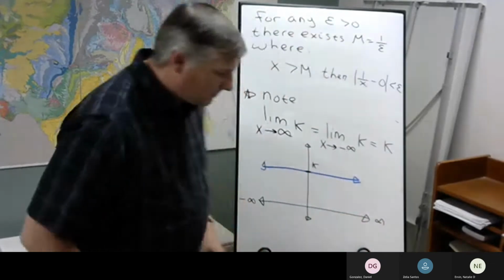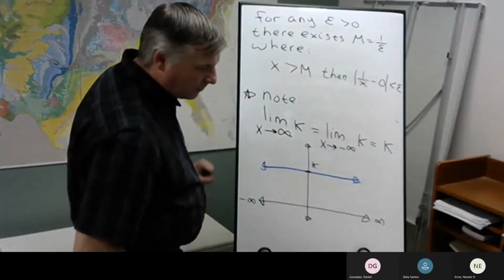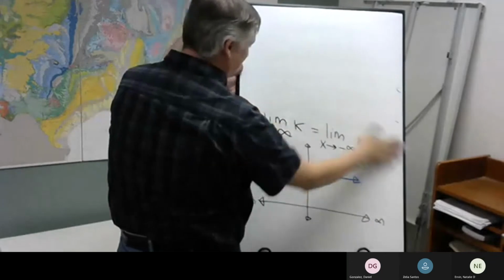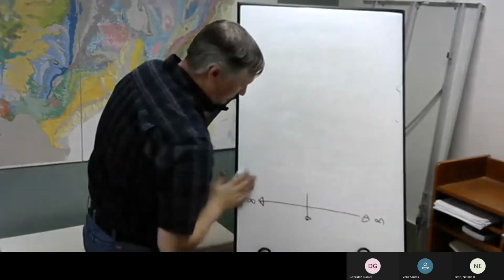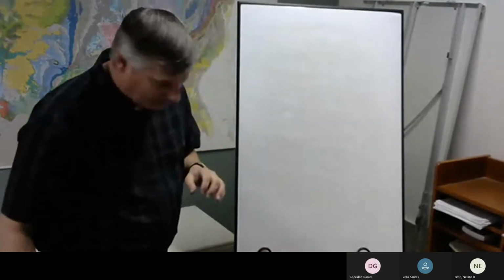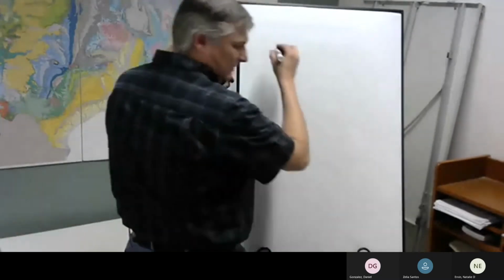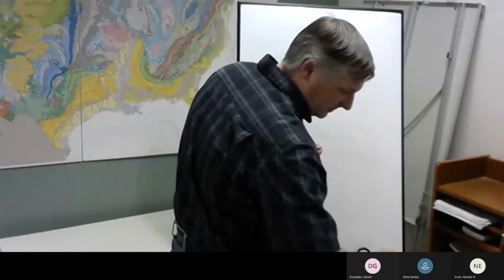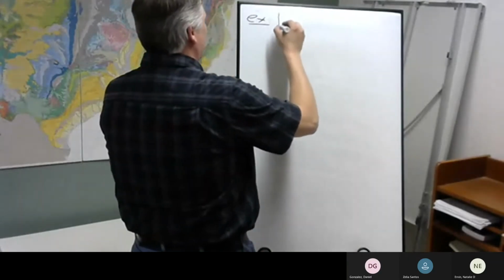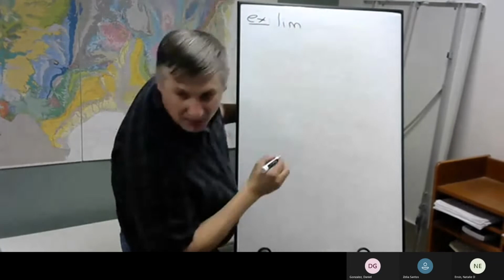So let me do one more example. And this is more of a computational one. It's kind of a tricky one. But let's say we have this. Let me see.